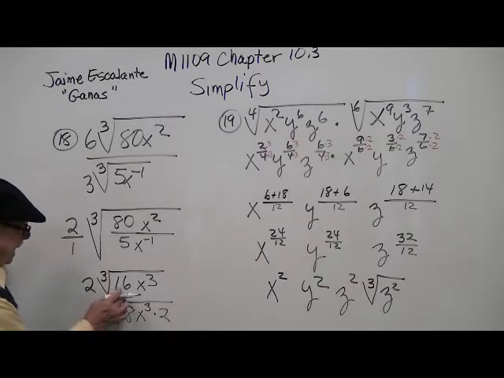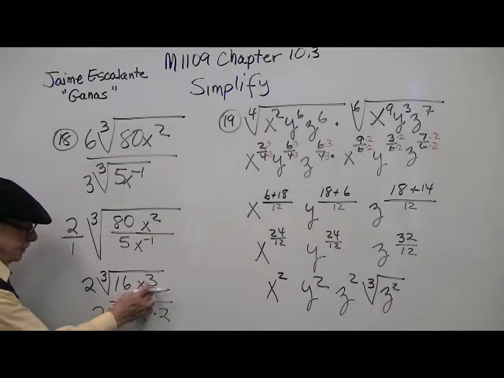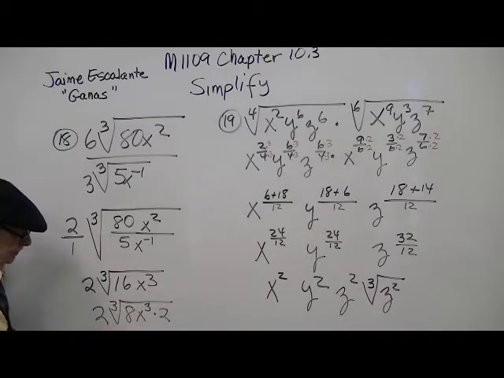Now, I have here 16. Is there a perfect cube in 16? Yes, 8. 8 times 2. And x to the 3rd is a perfect cube. So here's where we are. We want to take the cube root of this, which will be 2 out there, times 2x.